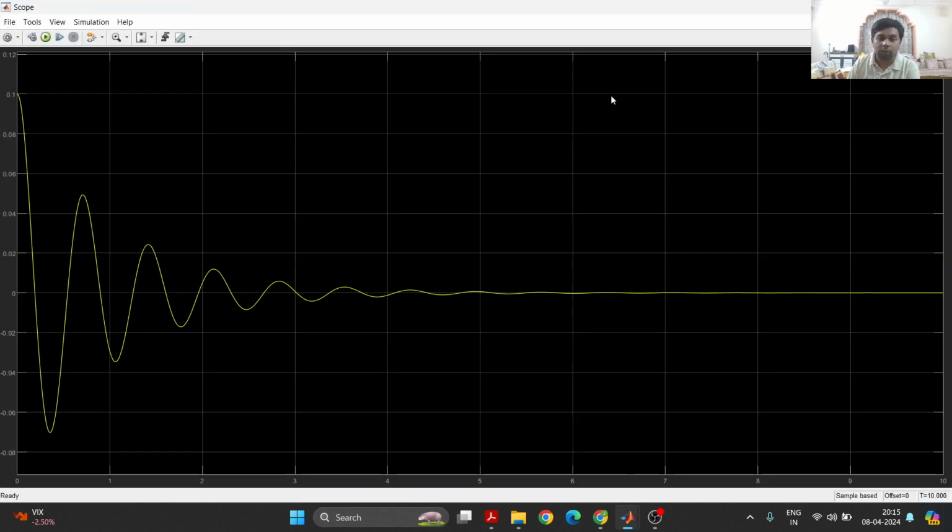Then we should see a smooth curve now. This is the typical type of response that we would see for a viscous damped spring mass damper system.